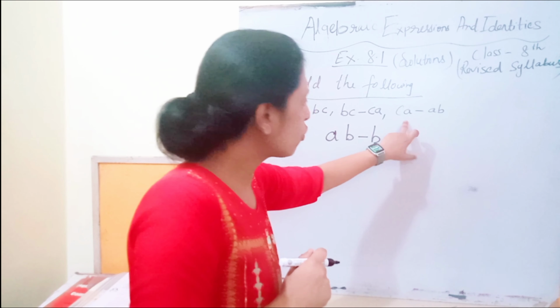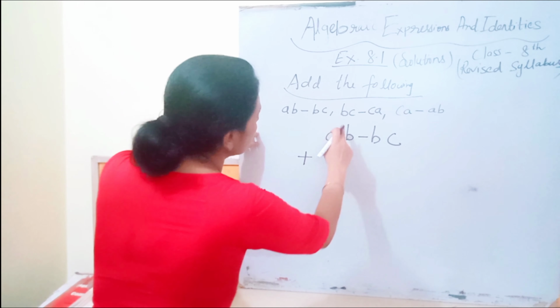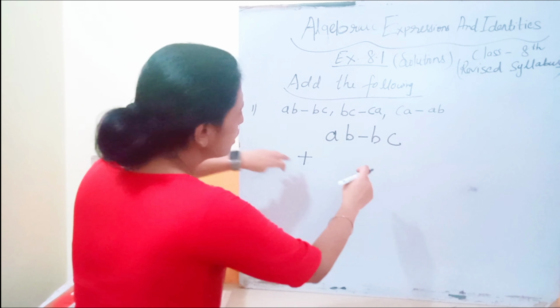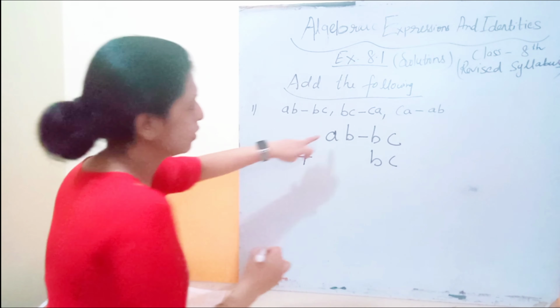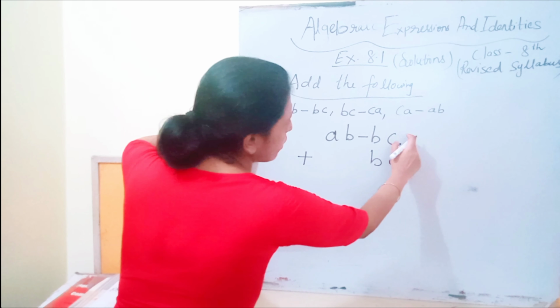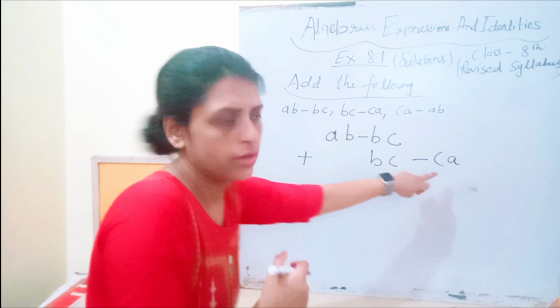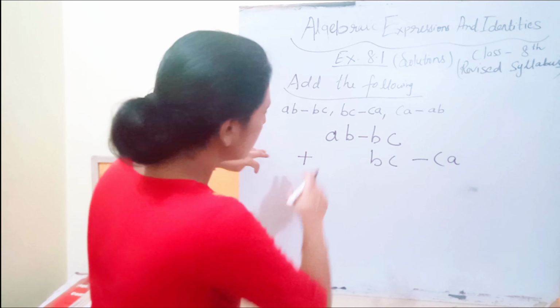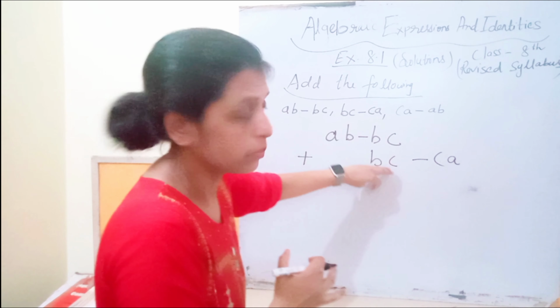Now whether you write CA or AC, that means the same. You have to add BC minus CA, so BC will come here, okay, minus CA. The CA term is not in your first expression, so you will write it here, okay. The like terms will be under the same column, okay.